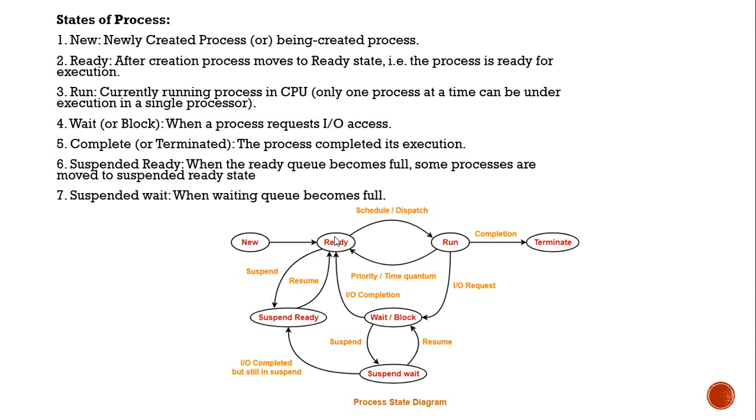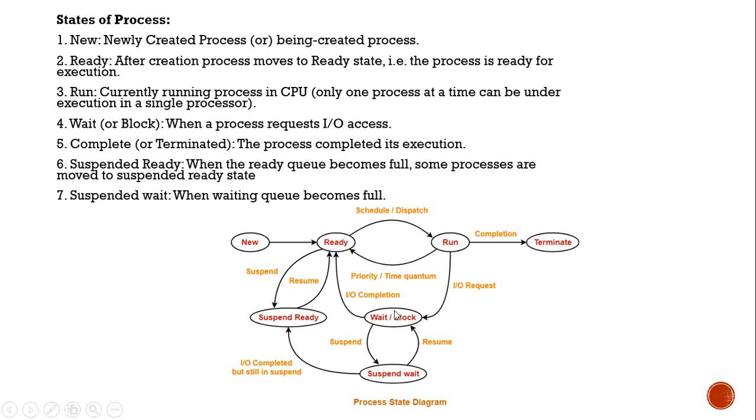If your RAM gets full, then in that case the new process will be shifted to the suspend ready state. Okay, and that is your backing store, and this storage is in your secondary memory. So once we have space available in main memory, then again from the suspend ready state, or we can say backing store, we can resume those processes and they will get back to the ready state.